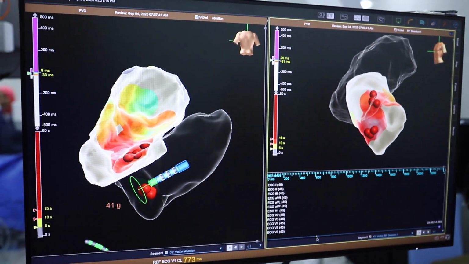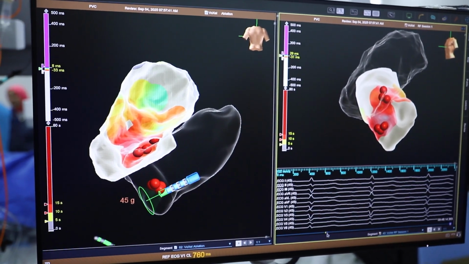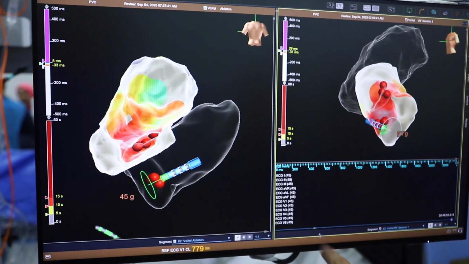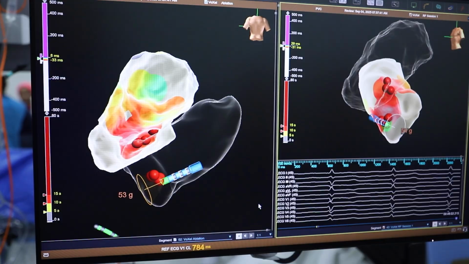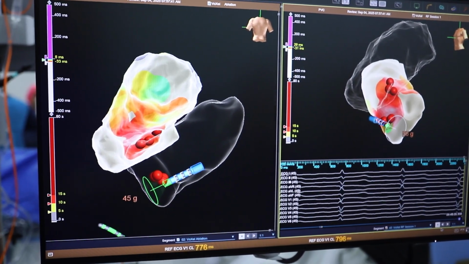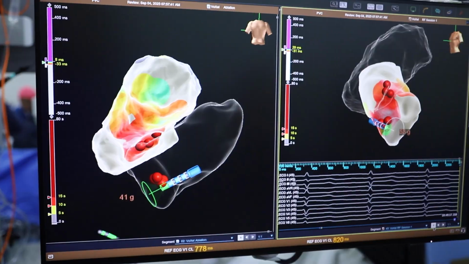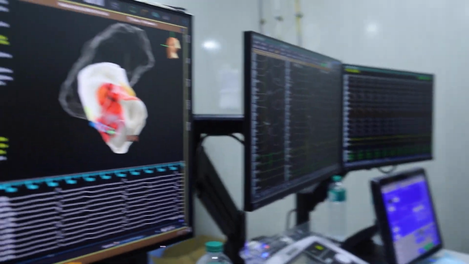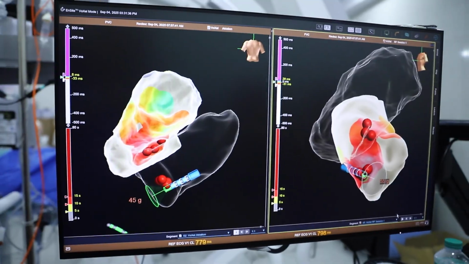Show us where we ablated. This is where we suppressed, a bit later. We suppressed around here. We had PVCs and then it went to sinus. But the disappearance of the PVC took some time, and it recurred. After the PVC recurred, we went to the other side as well.